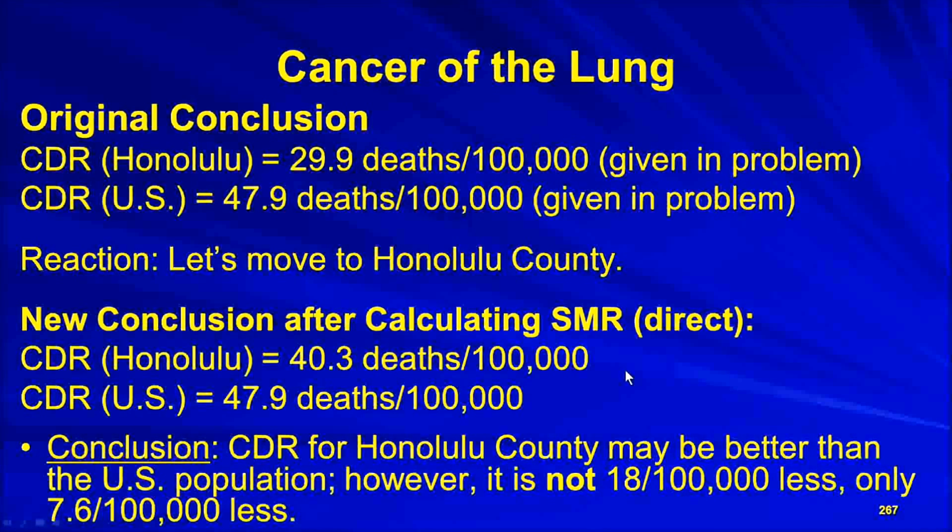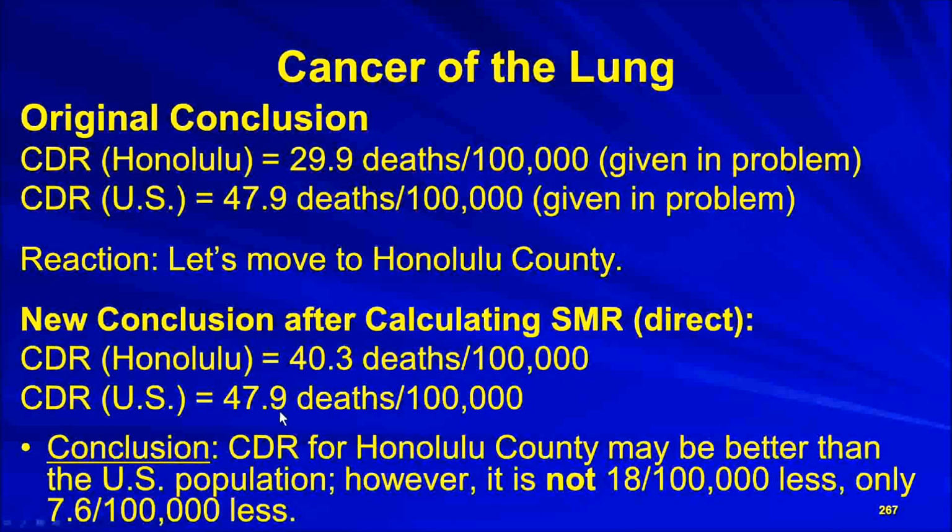So based on the SMR Direct, we see that there are fewer lung cancer deaths in Honolulu County than there are nationally, but the number reported of 29.9 deaths per 100,000 is misleading and incorrect. The best estimate of the number of deaths in Honolulu is 40.3 deaths per 100,000.